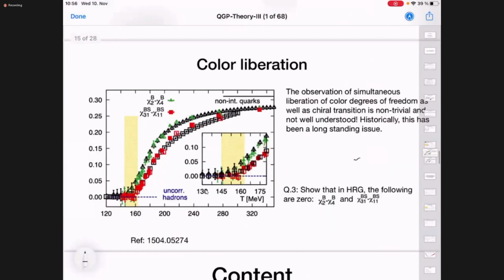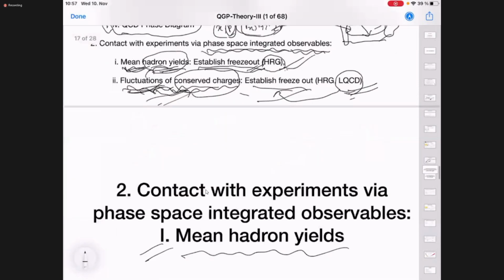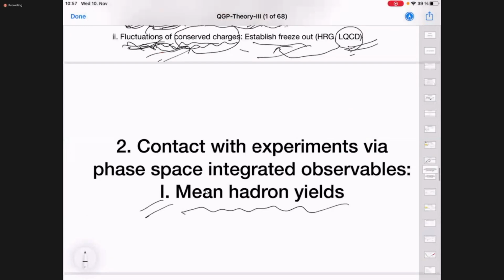Because the HRG is this one and it is all zero, whereas you expect this quantity to already become non-zero. So it should be somewhere here. And once it is somewhere there, then of course we know that HRG is a very good description.